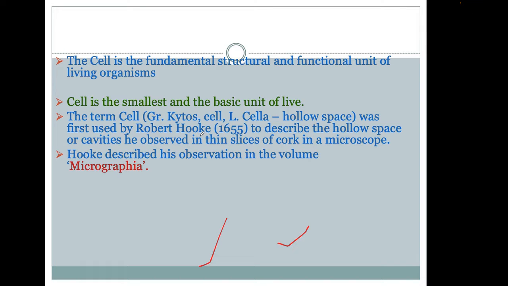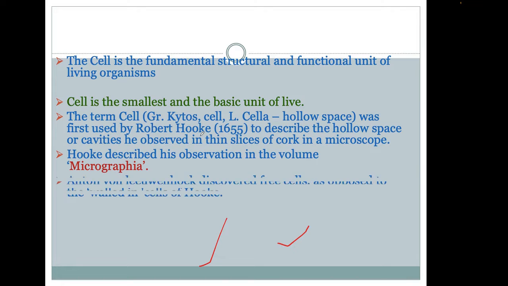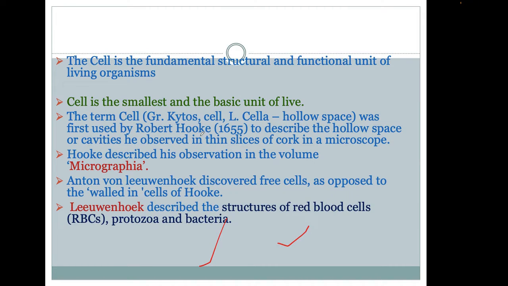Hooke described his observation in the volume Micrographia. Later in 1674, Anton van Leeuwenhoek described the structure of red blood cells, protozoa and bacteria.